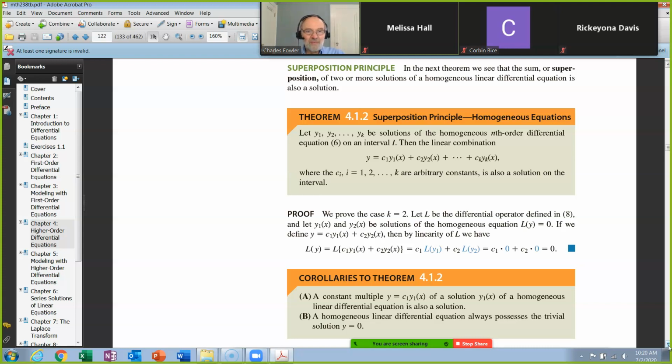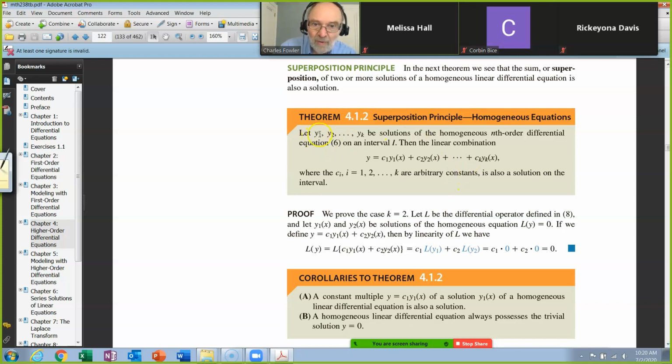So basically, if you have a solution, not saying a unique solution, just a solution for the differential equation, and this is a homogeneous linear differential equation, then you find another solution that works, then the sum of those is also a solution. That principle is the superposition principle for homogeneous equations.